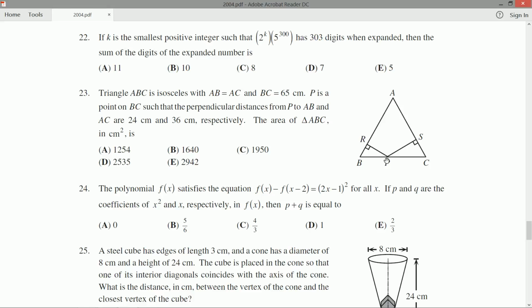So RP is 24 and PS is 36. These aren't ringing any particular bells. I mean, maybe PR is 24 and then RB is 7 and PB is 25 or something. Maybe. I don't know. The area of ABC in centimeters is... Okay.